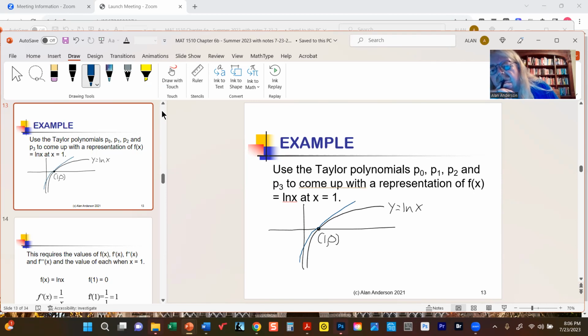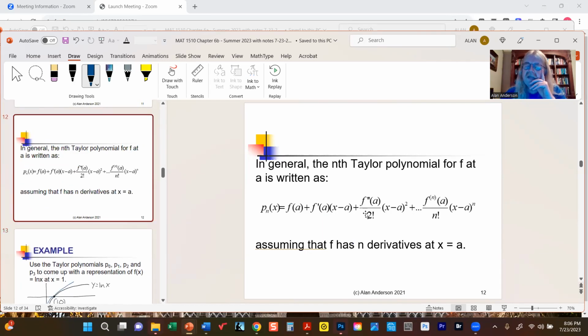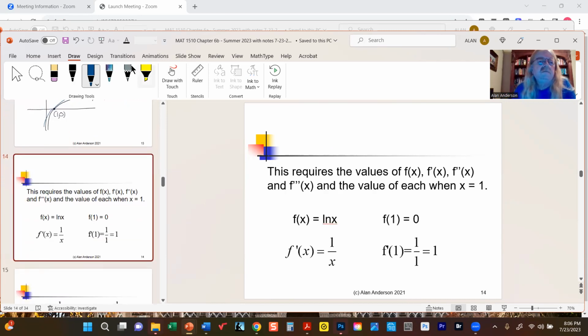So basically what we have to do is try them and see how close they actually get, to see, is P0 sufficient? Is P1 enough? And then we'll see where it goes from there. Now, in order to create this Taylor polynomial, if you notice, we need a bunch of derivatives, and we have to evaluate the derivatives at a particular value that's given to us. So here, since the function is log of x, we know that the derivative of log of x is just 1 over x.